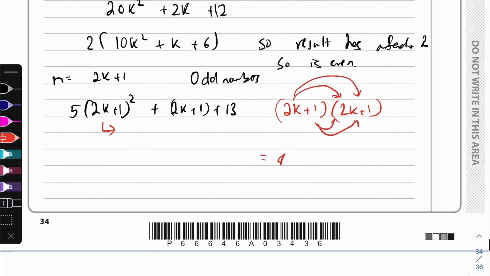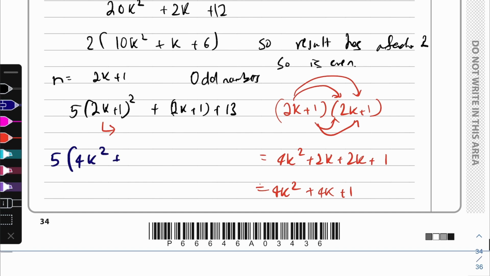This gives us 4k squared plus 2k plus 2k plus 1. This is equal to 4k squared plus 4k plus 1. This is now equal to 5 multiplied by 4k squared plus 4k plus 1, plus 2k, plus 1 plus 12. So this will be 13.